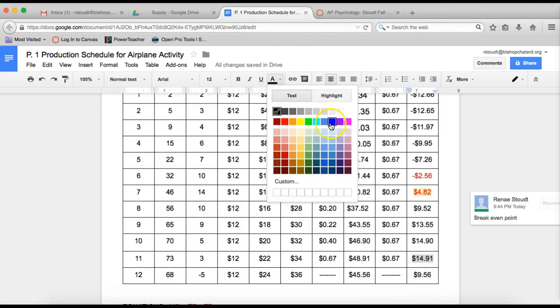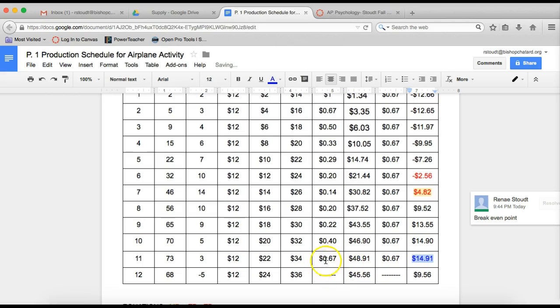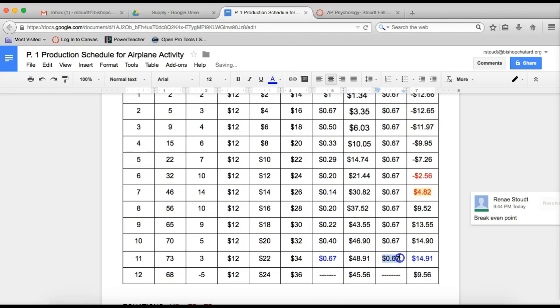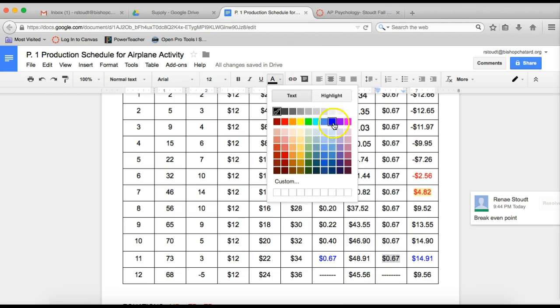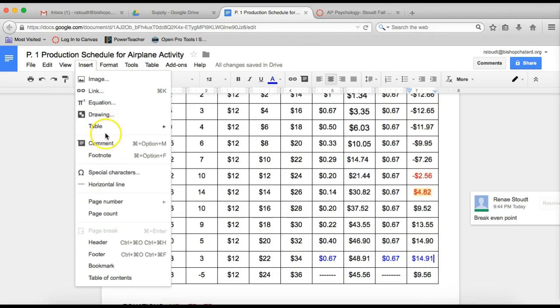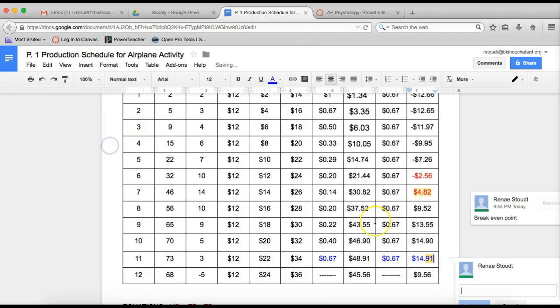So I'm going to make that blue, okay? But also notice that our marginal cost is 67 cents and our marginal revenue is 67 cents. Okay, that is what makes this our profit maximizing point. So I'm going to insert another comment here. This is going to be our profit maximizing point.